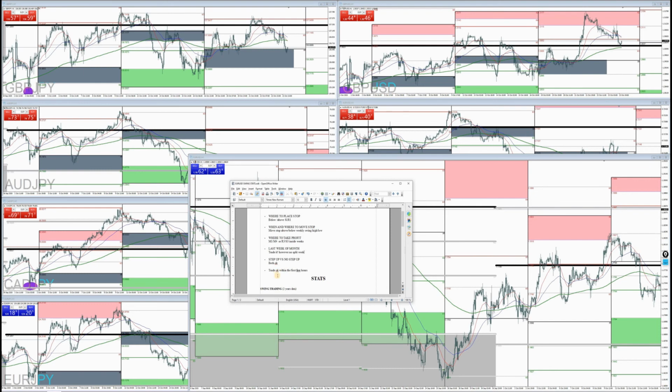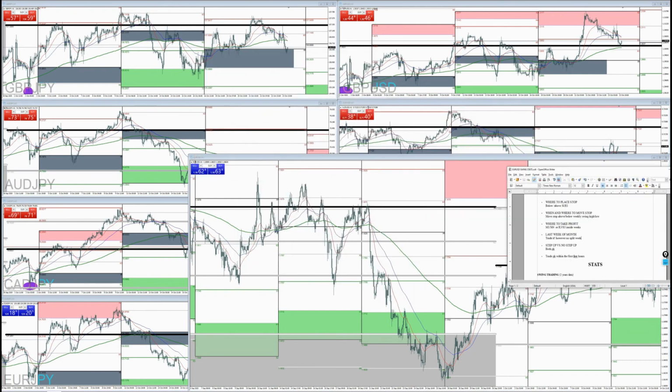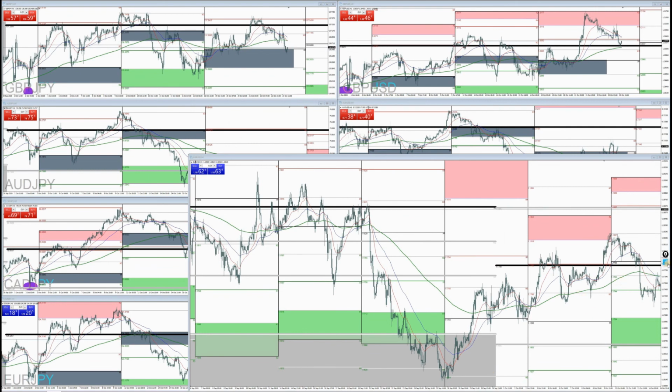Let's see here. So trade within a few hours. When I went back and I was watching the video, I noticed that I was saying within the first hour, but it's within the first few hours. Now, what I'm really looking for, let me pull out my pen here, is I'm looking for price to, let's say it opens up here.